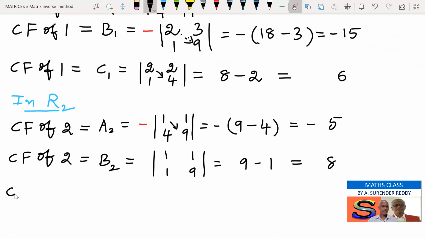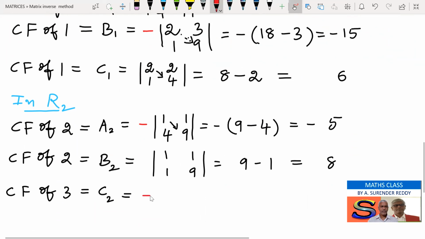So next, the cofactor of the second row third element, that is 3. Let us name it as C2. For this also we need to multiply with minus. Don't forget, 4 numbers' cofactors will be negative. The element lies in the second row, third column. If you remove the second row and third column, you get 1, 1, 1, 4.